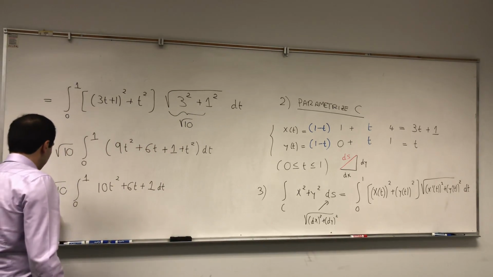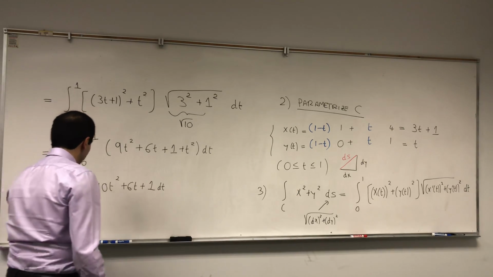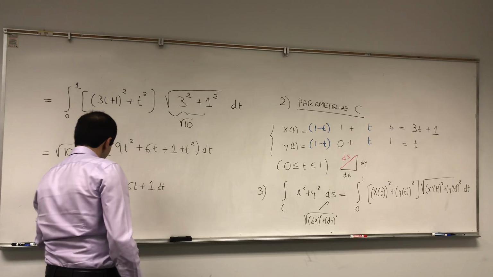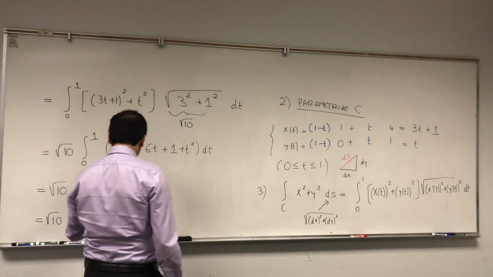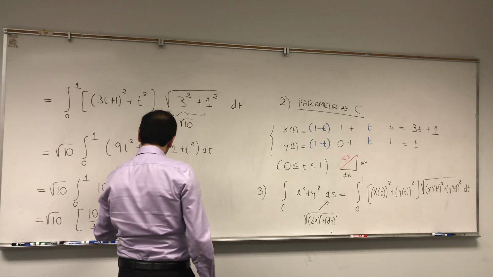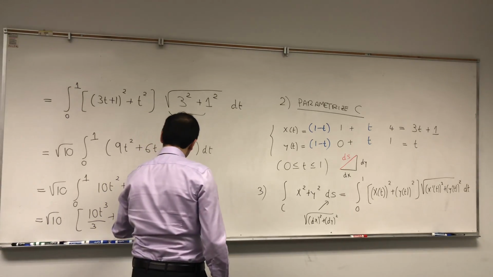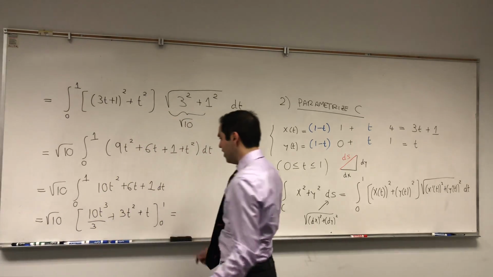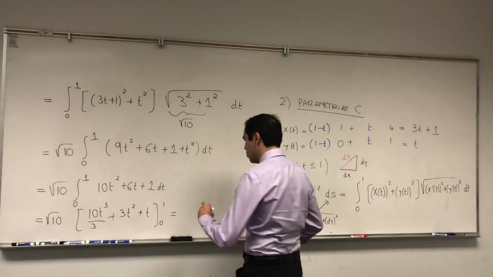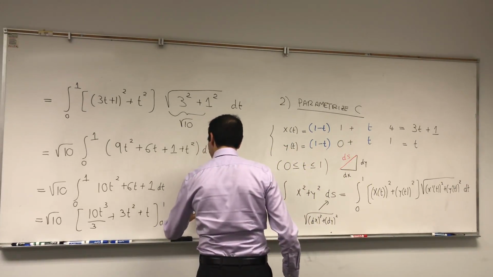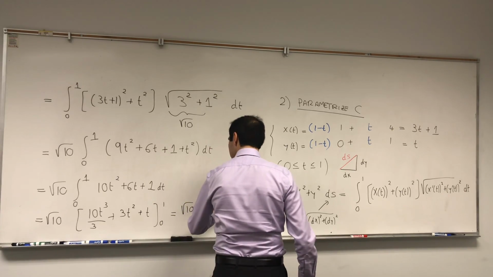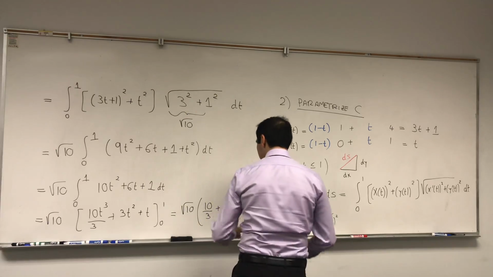Let's calculate that. So square root of 10 times 10t cubed over 3 plus 6t squared over 2, so 3t squared, and then plus t, from 0 to 1. And the nice thing is all the terms at 0 are just 0. So what you have is square root of 10 times 10 thirds plus 3 plus 1.